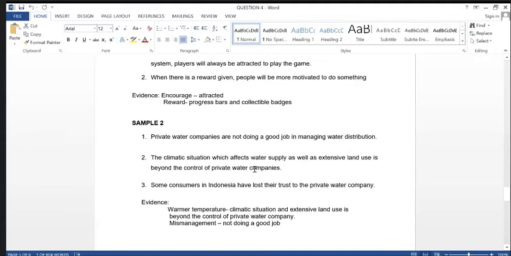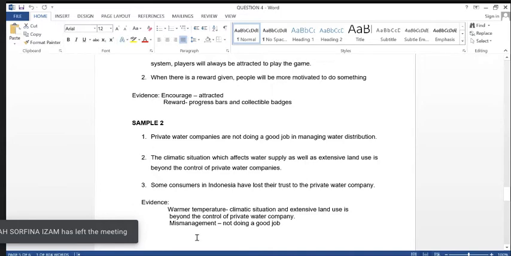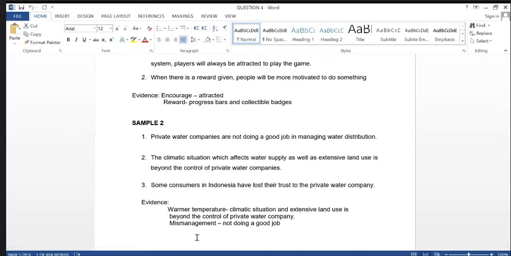Like it or not, that's the fact. They might be blamed for mismanagement, but they cannot be blamed for the climatic situation and extensive land use. That is outside of their jurisdiction. They cannot control that. So blame them for mismanagement, but the conclusion is that they are not totally the factor that led to the water problem. Not all is under the control of the private water company. That's my conclusion.